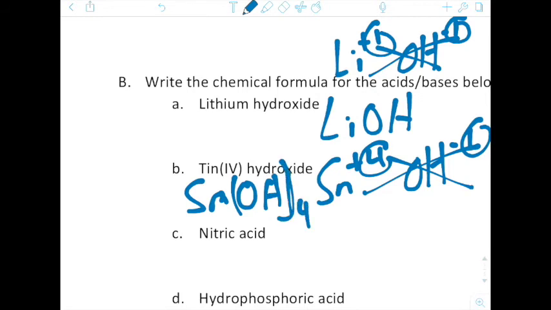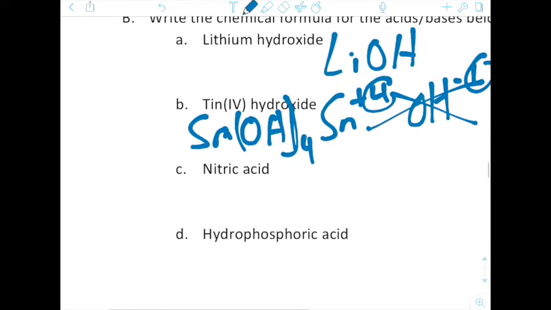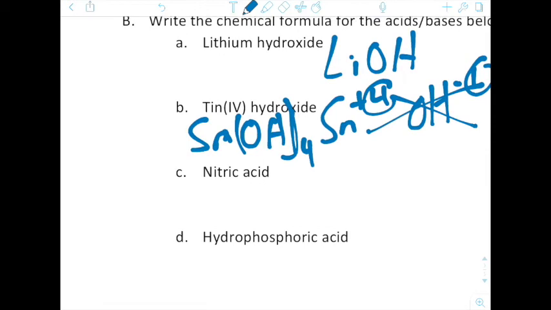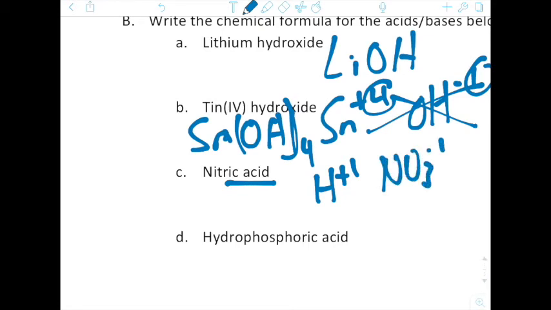So nitric acid, using the same logic as writing and naming, if it ends in "ic acid," that means that this is hydrogen bonded to nitrate. So hydrogen's +1, nitrate is NO3 -1, so HNO3.